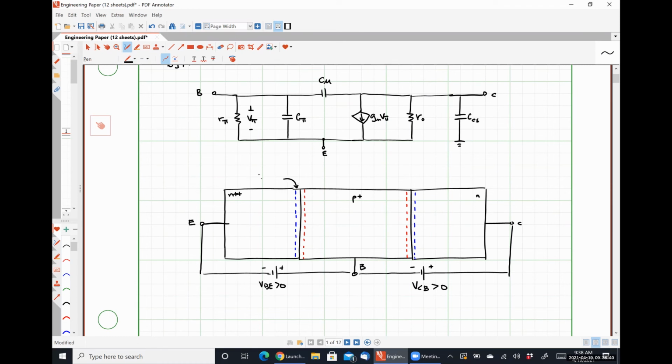So I'm going to call this QBEP. The charge stored in this region is QBEN. The charge stored here, we'll call QCBN. And the charge here, we'll call QCBP.